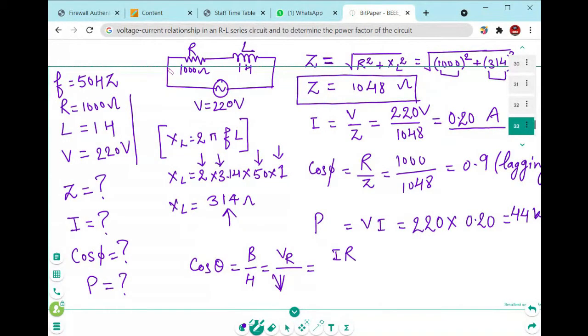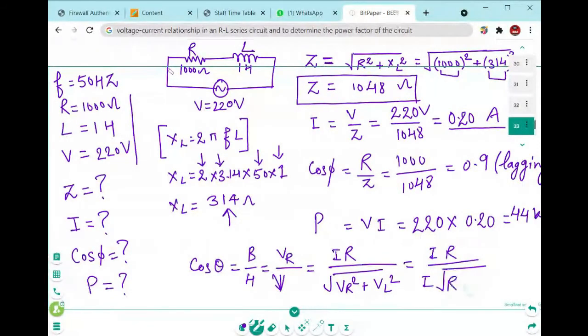VR is equal to IR, whereas this V is the square root of VR square plus VL square, and we can solve this as I into R divided by I into the square root of R square plus XL square.